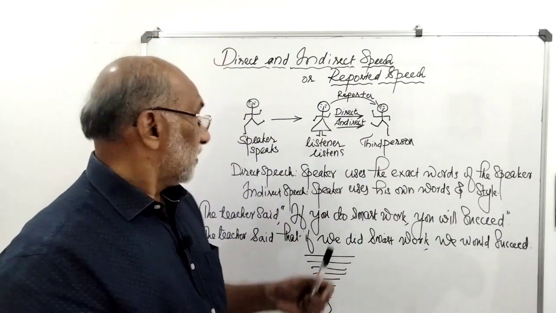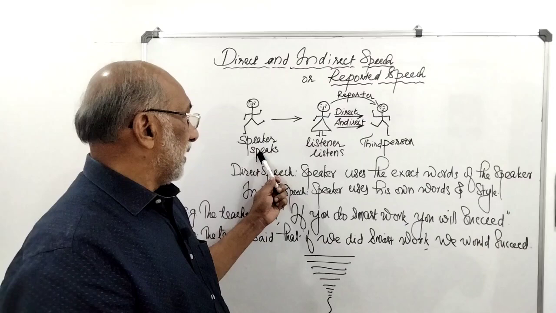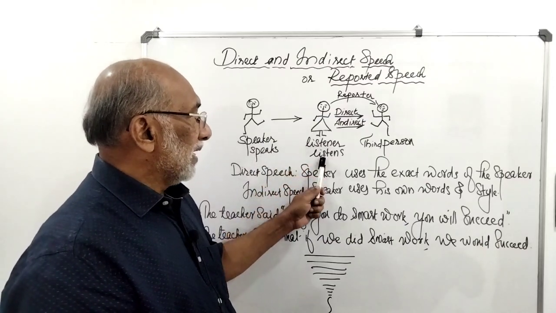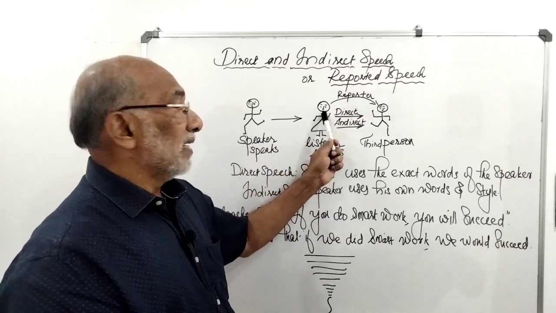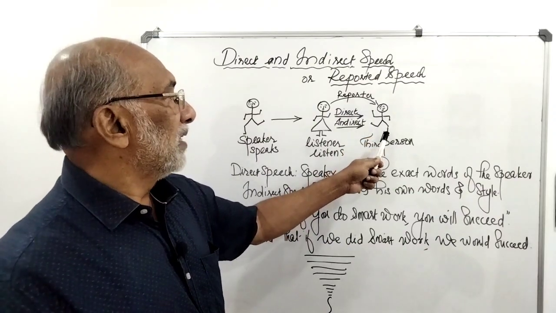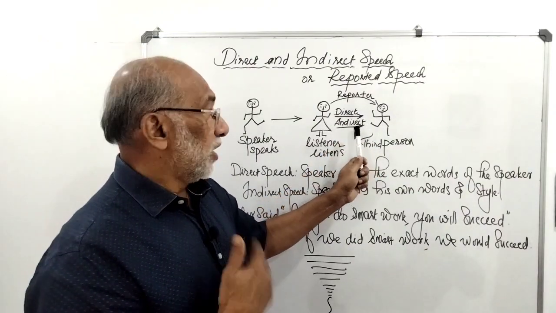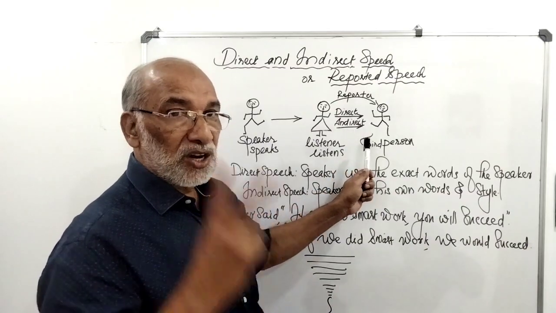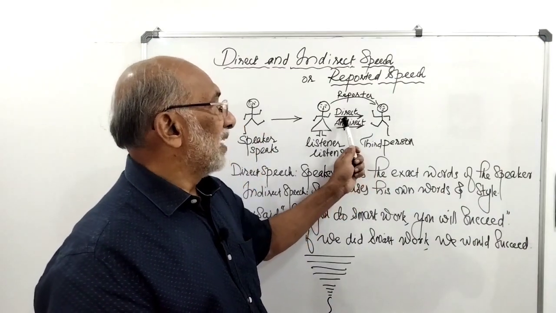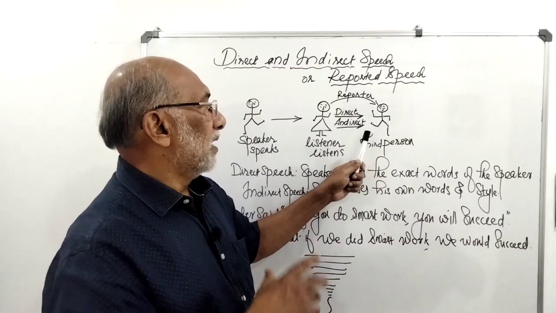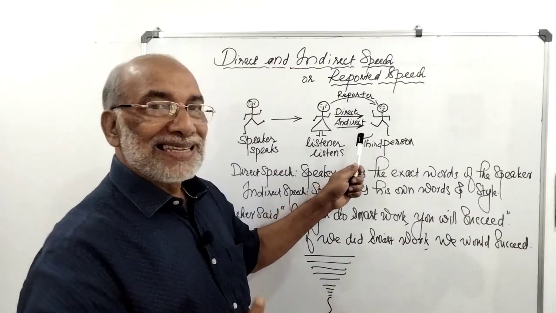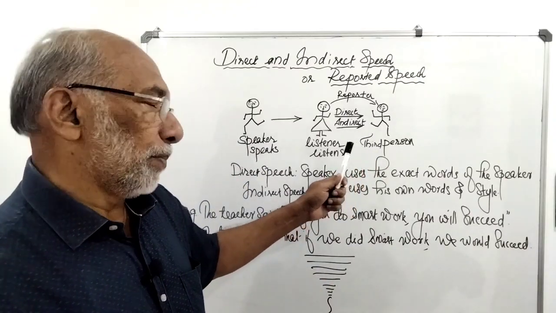Okay, I repeat. See, the speaker speaks, the listener listens, and the listener turns out to be the reporter. And when he or she reports, he or she can do it in two different ways. One is direct reporting and the other one is indirect reporting.